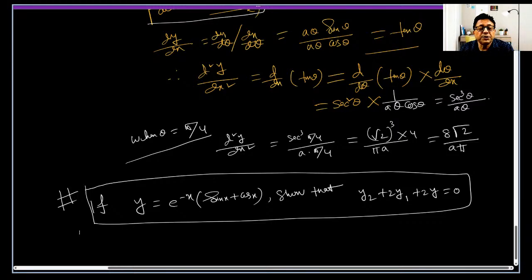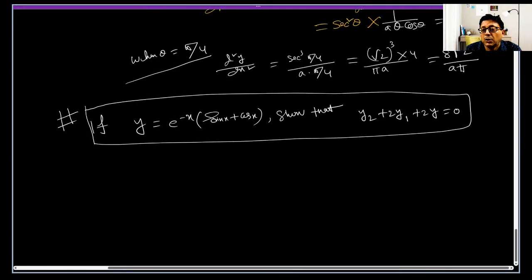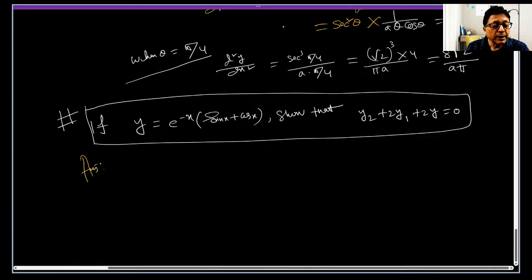So how to prove this one? y equal to e to the power minus x into sin x plus cos x. Show that y2 plus 2y1 plus 2y equal to 0. What you will do here, your best strategy will be, you take e to the power minus x to the left side.